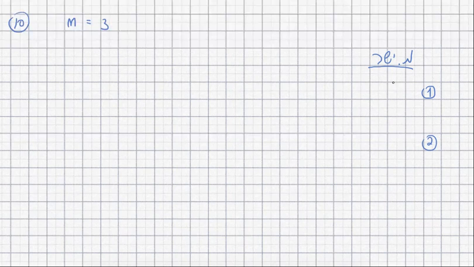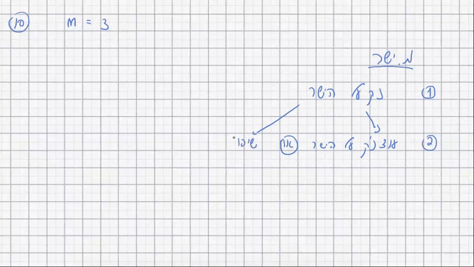So in order to find משוואת ישר, you need 2 things. The first one is נקודה על הישר. And the second one is either עוד נקודה על הישר, or שיפוע.